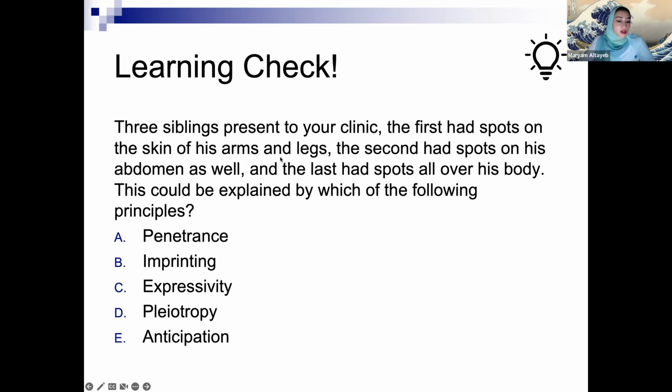One has spots on one place, the other has spots on the abdomen, the last had spots all over his body. But regardless, we're still talking about the cutaneous or skin manifestations. If I brought this question and I told you one had manifestations in the eye, another in the abdomen, the other in the heart, then you can say this is pleiotropy, right? Because we're affecting different systems.